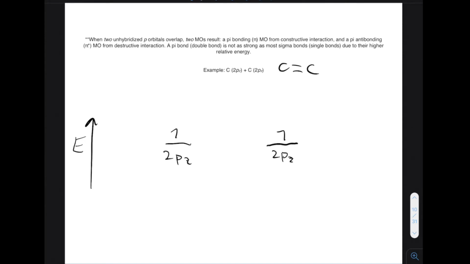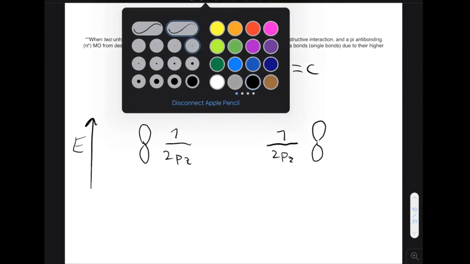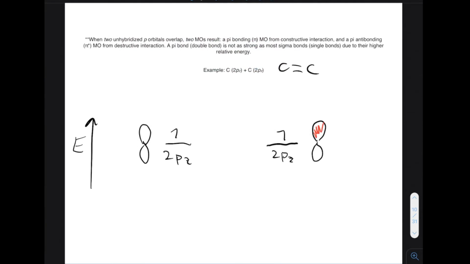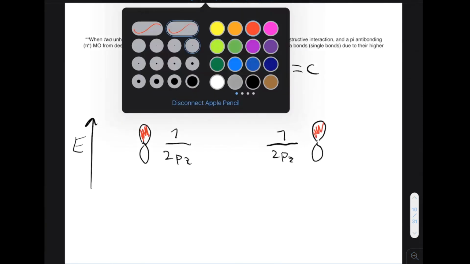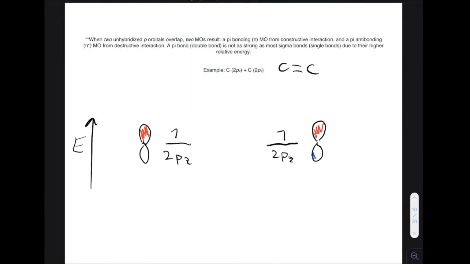Right, and we can also illustrate what the pz orbital looks like. And because I have access to it, I will color these in. This will be important to illustrate what the pi bond looks like.